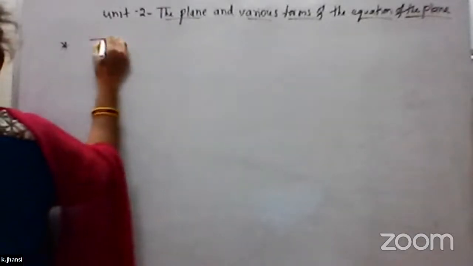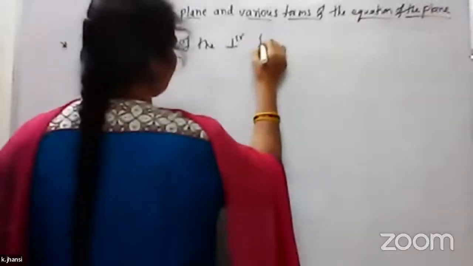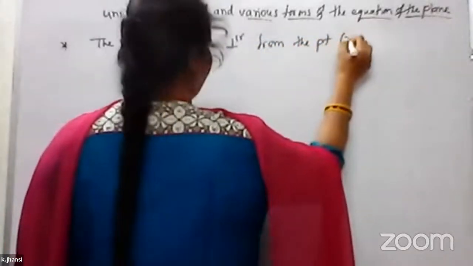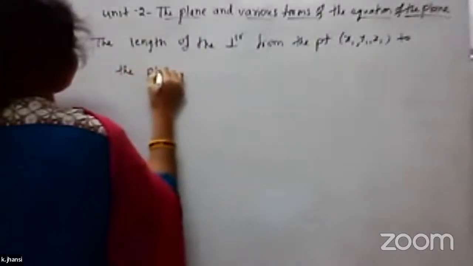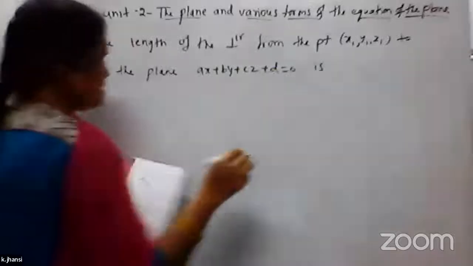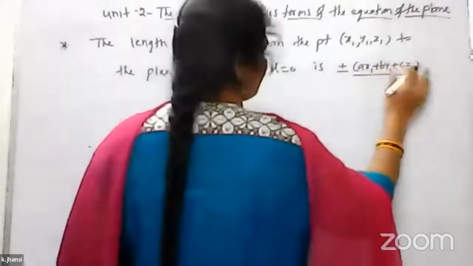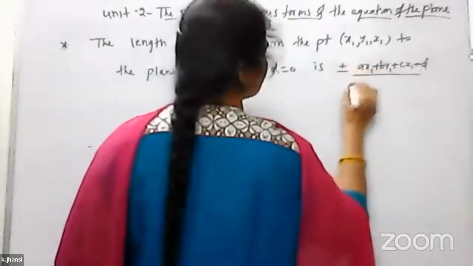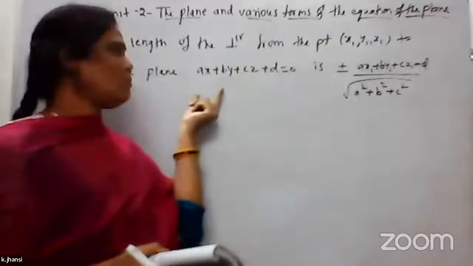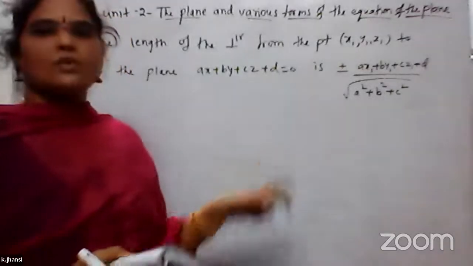And this is the important formula, the length of the perpendicular from the point x1, y1, z1 to the plane ax plus by plus cz plus d is plus or minus a into x1 plus b into y1 plus c into z1 plus d by under root of a square plus b square plus c square.